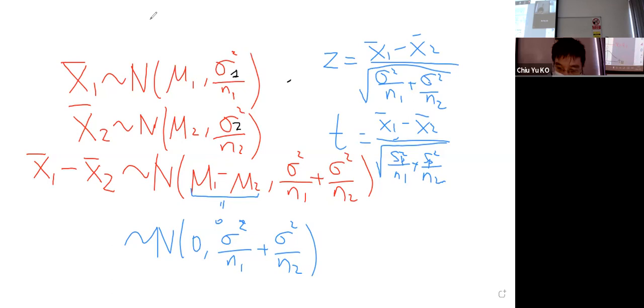We can no longer say they share the same sigma, they're different. X bar 1 is just mu 1 with sigma 1 squared and sigma 2 squared. They're not the same. But the formula below is the same.